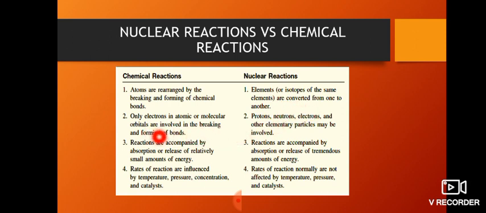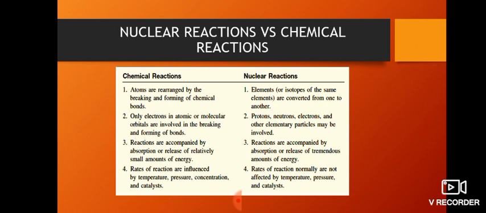In chemical reactions, it only involves electrons. In nuclear reactions, it involves all the elementary particles: protons, neutrons, electrons, and other particles. Chemical reactions are accompanied by absorption or release of small amounts of energy. On the other hand, nuclear reactions are accompanied by large amounts of energy, absorption or release.